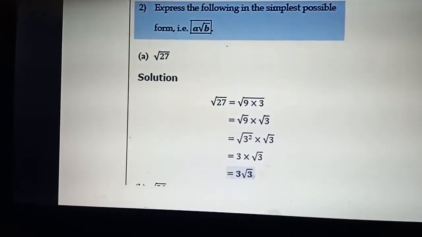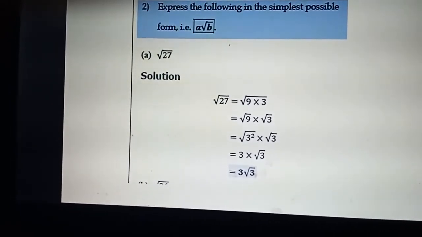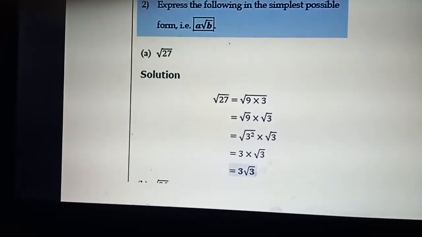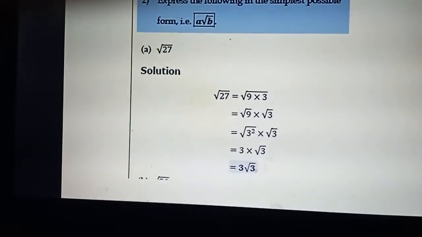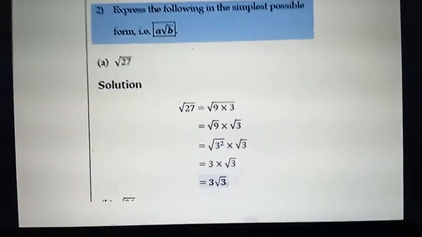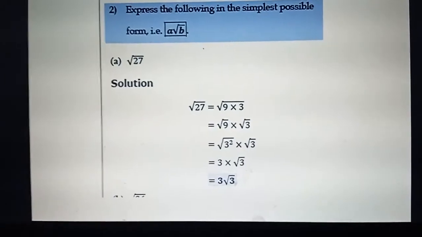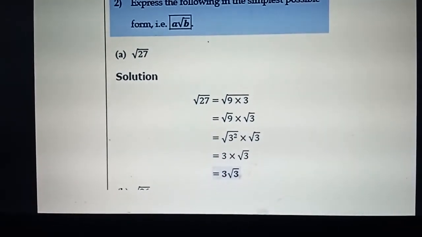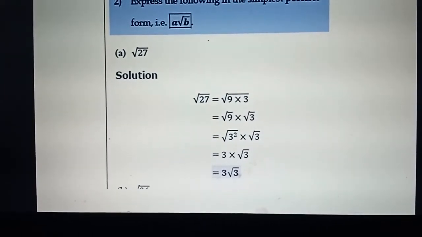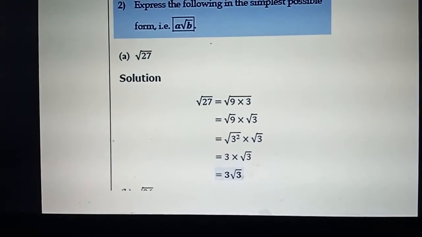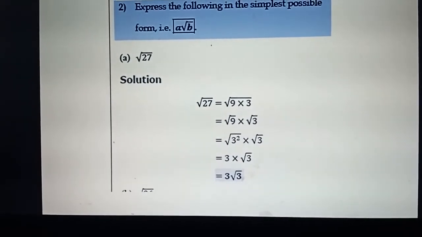By 3. 9 times 3 will definitely give you what? 27. So you should look for the square root of 9, which is 3. 3 squared is 9. Then the square root of 9 is what? 3. 3 times root 3. Then your answer is 3 root 3. I hope it's clear.